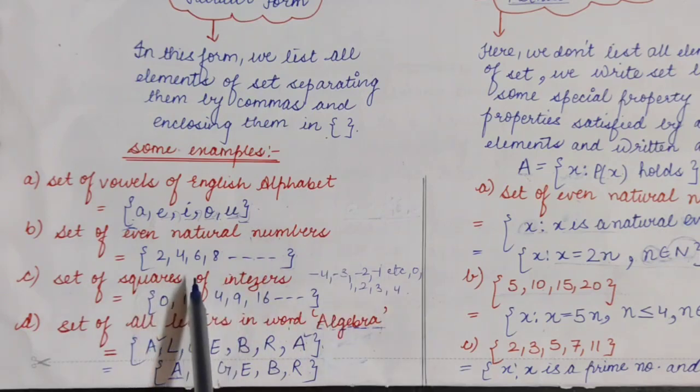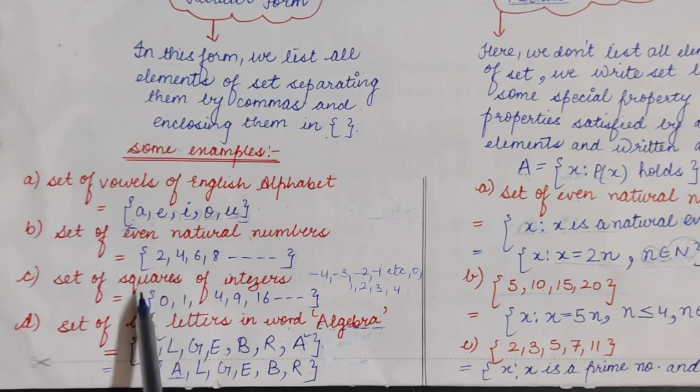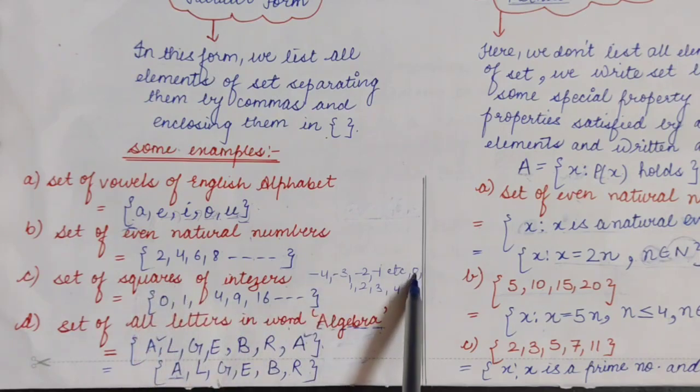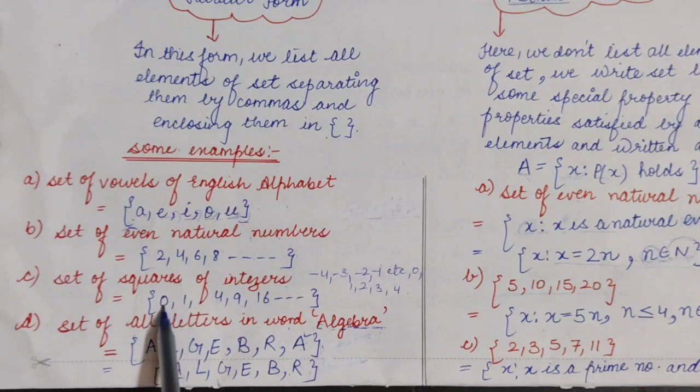But what we have to do in this set is take squares of the integers. So I will do the square of the integers here: 0 square is 0, 1 square is 1, 2 square is 4, 3 square is 9, 4 square is 16.